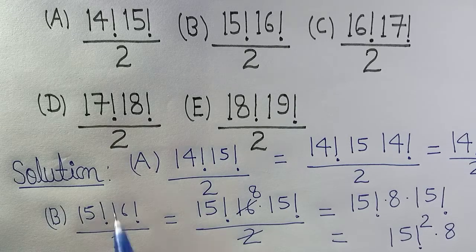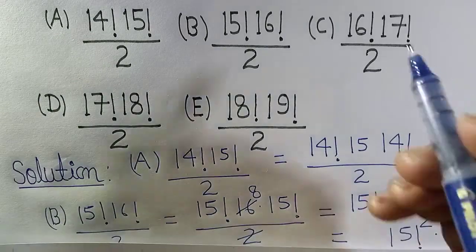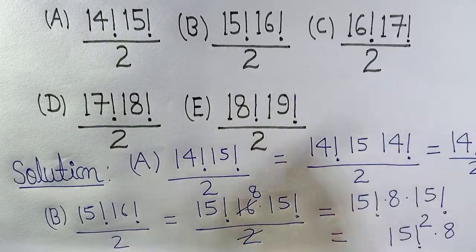Similarly, option C, we can write option C as, so our option C is factorial 16 times factorial 17 all over 2.